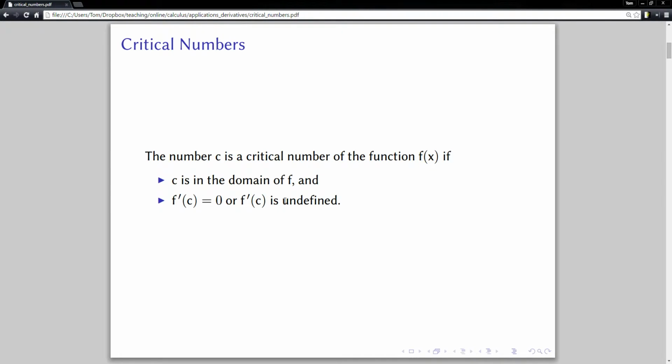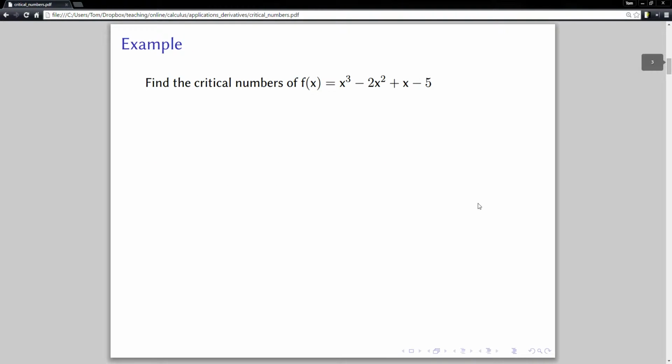One thing to be careful of is knowing what the domain is. And this part here can sometimes be a little bit tricky, but not really for the reasons that you might think. So let's take a look at a basic example, and at the end we'll talk about the general steps that you should take to find critical numbers.